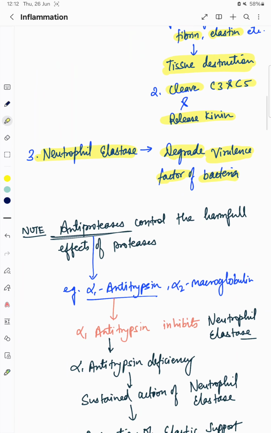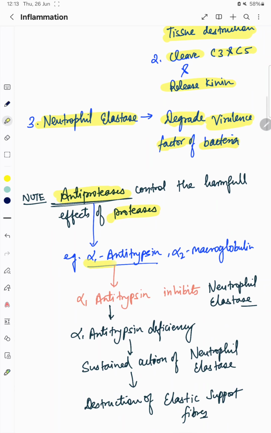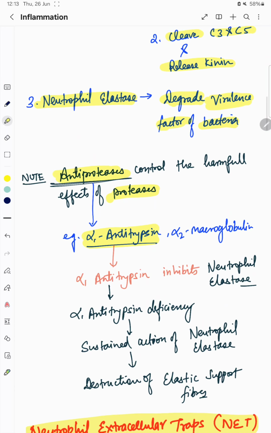There are some anti-proteases in the body. They control the harmful effect of proteases. For example, alpha-1 antitrypsin, alpha-2 macroglobulin. Alpha-1 antitrypsin is very famous.